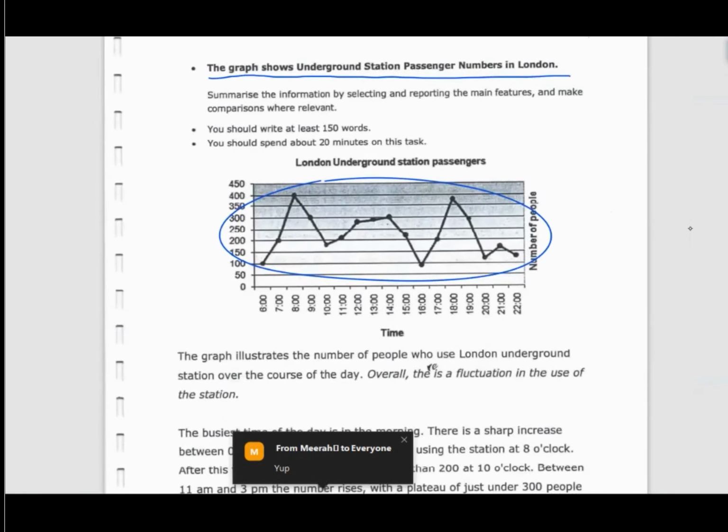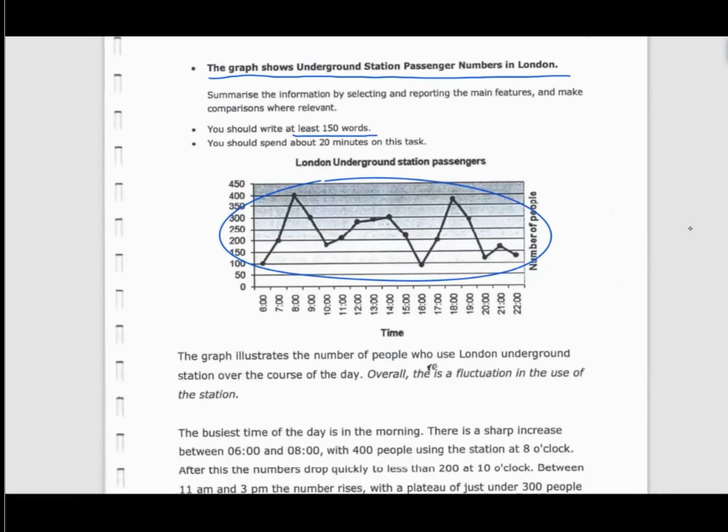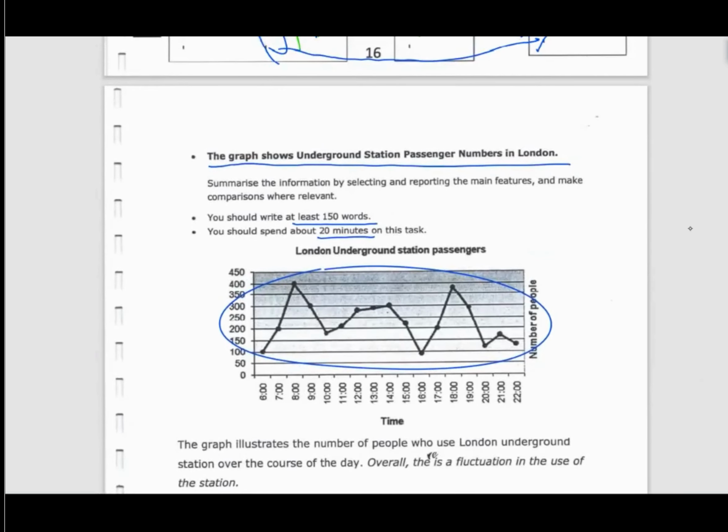As I said before, you need to write at least 150 words in 20 minutes. Now, nobody can exactly write 150. If you write between 140 to 160 or 170, 180, that is very reasonable.